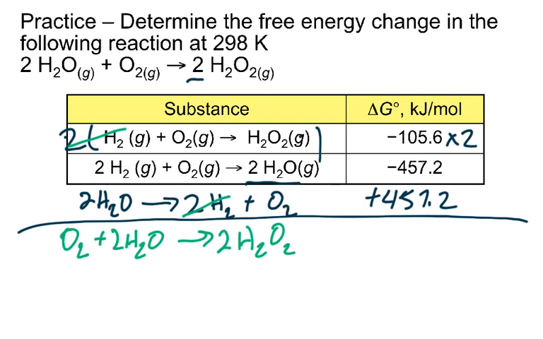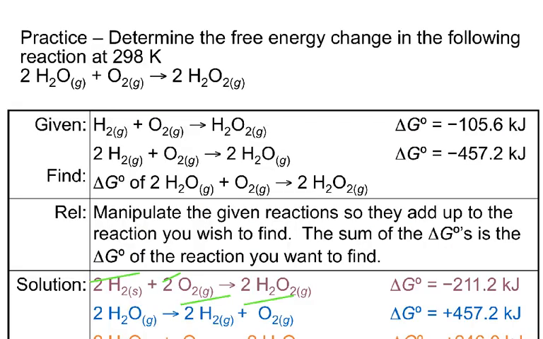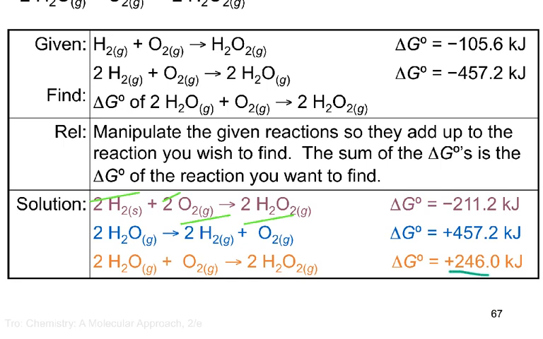And so my delta G, negative 105.6 times 2 plus 457.2 gets me 246, which is the same number I got doing it the other ways. So, same answer.